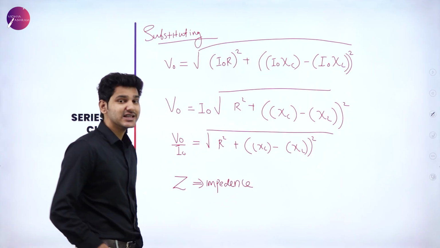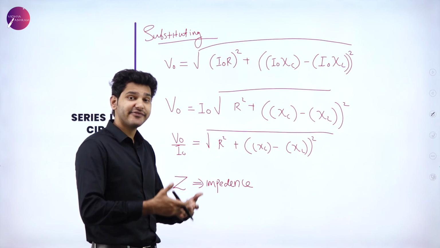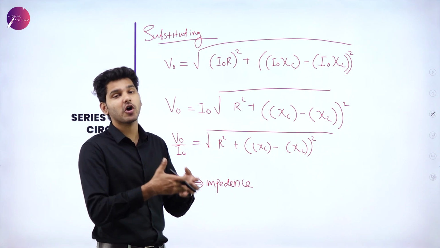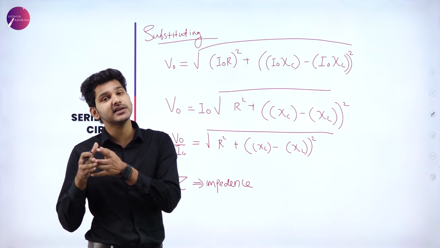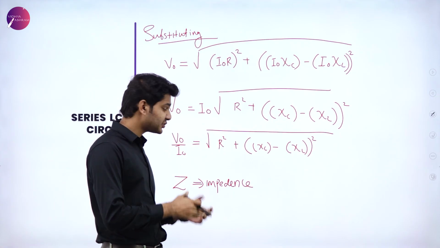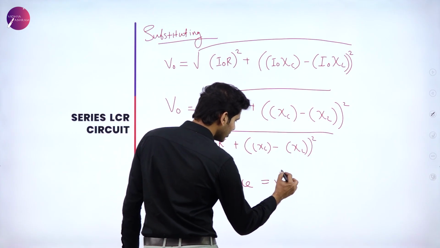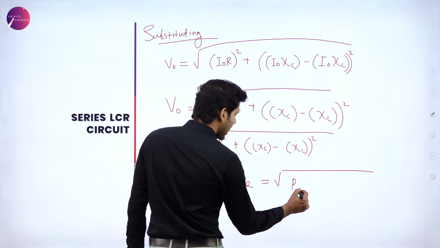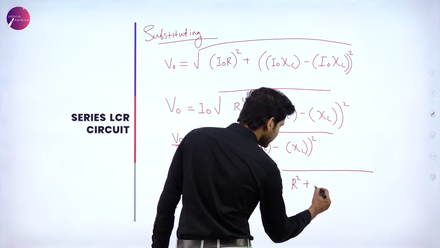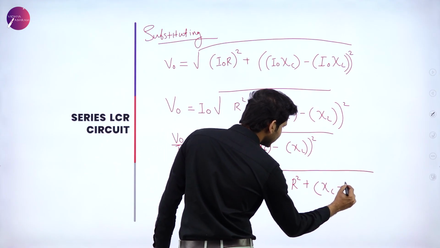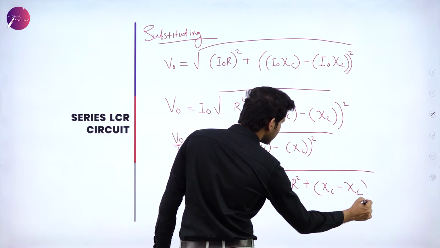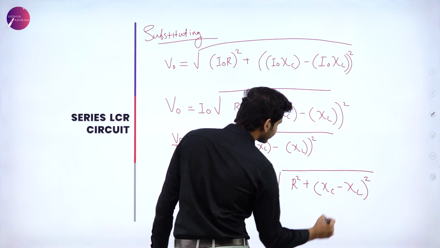Impedance just means the net effective opposition that is offered in a series LCR circuit. That is known as impedance, and it is equal to root of R square plus (XC minus XL) whole square.